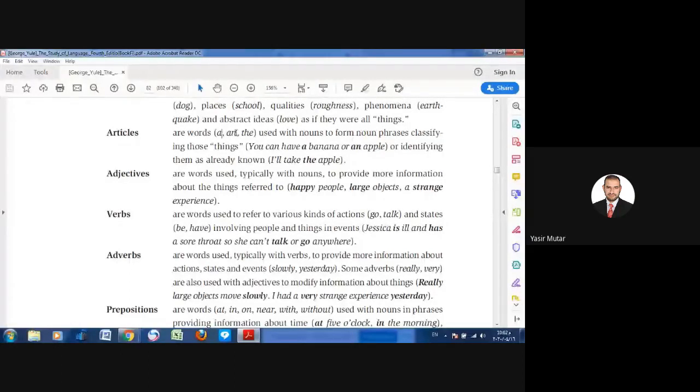And we use an when the noun starts with a vowel sound, for example, apple. I couldn't say a apple. I would say an apple because of this.